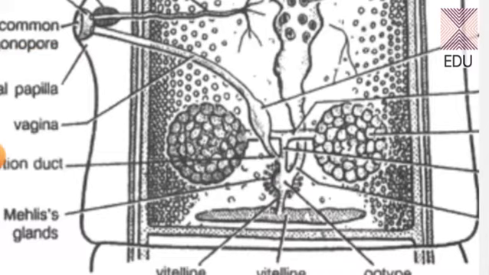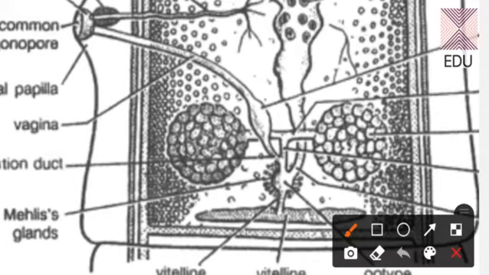Now students, after fertilization, the eggs, or you can say the zygotes, here we should say zygotes, are entering into the ootype. So after fertilization, the zygotes come down into the ootype. When they come down into the ootype, what happens? There is a special gland which is called Mehlis' gland.